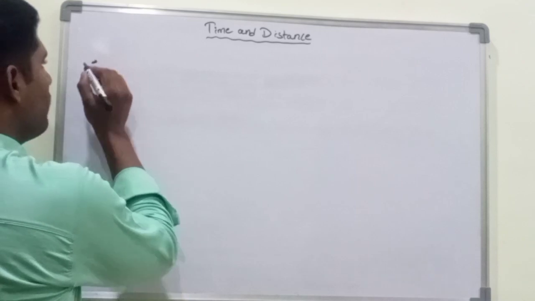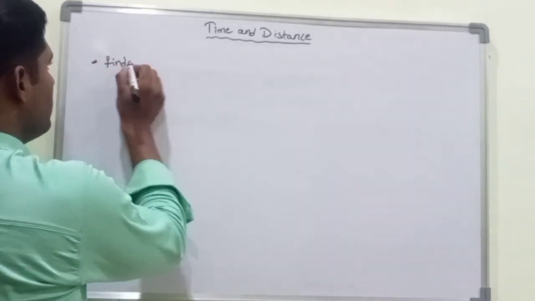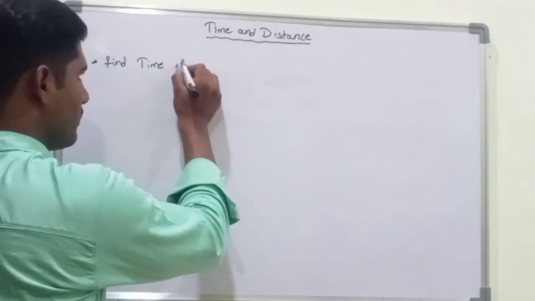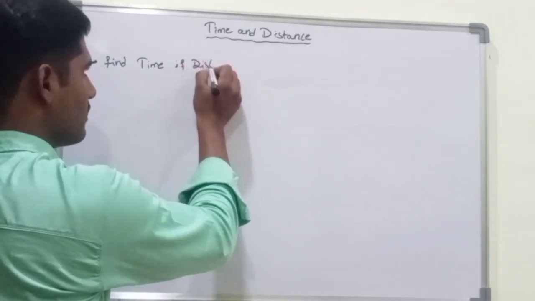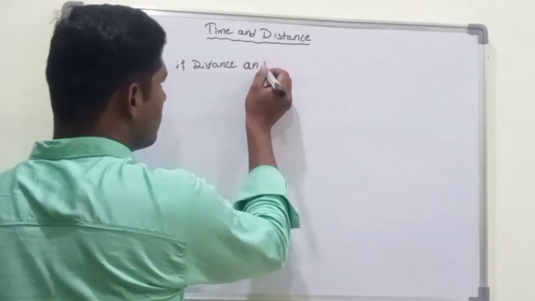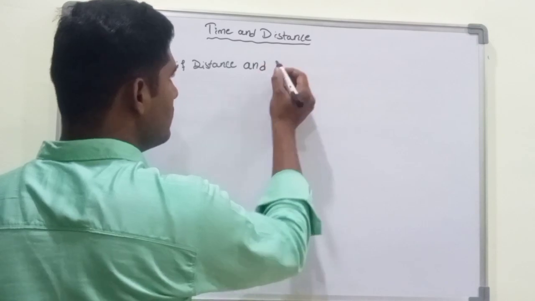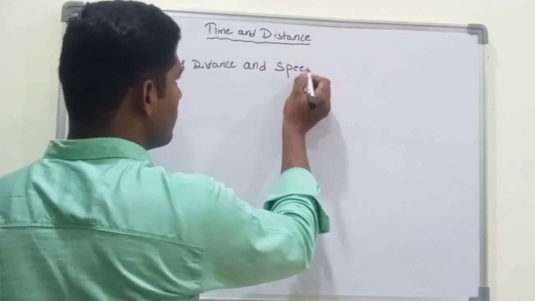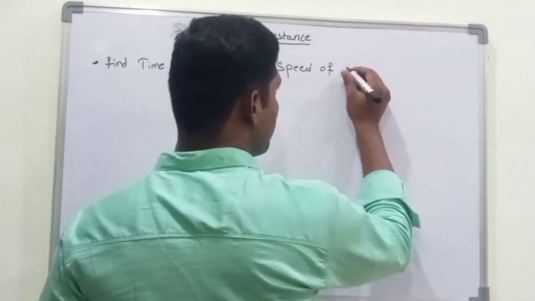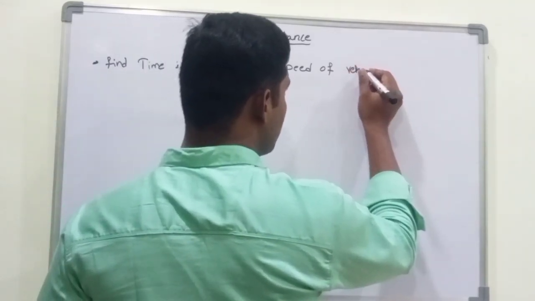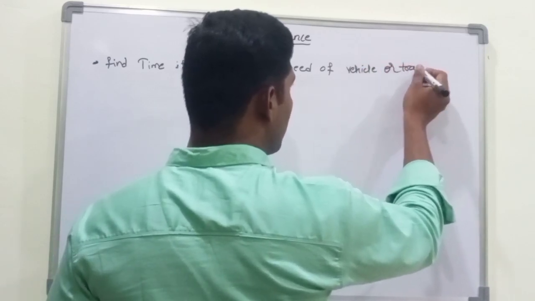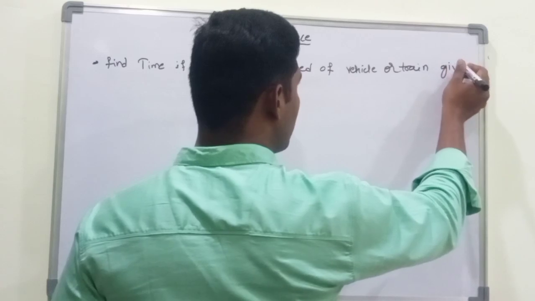Here we have to find time if distance and speed of a vehicle or train are given.